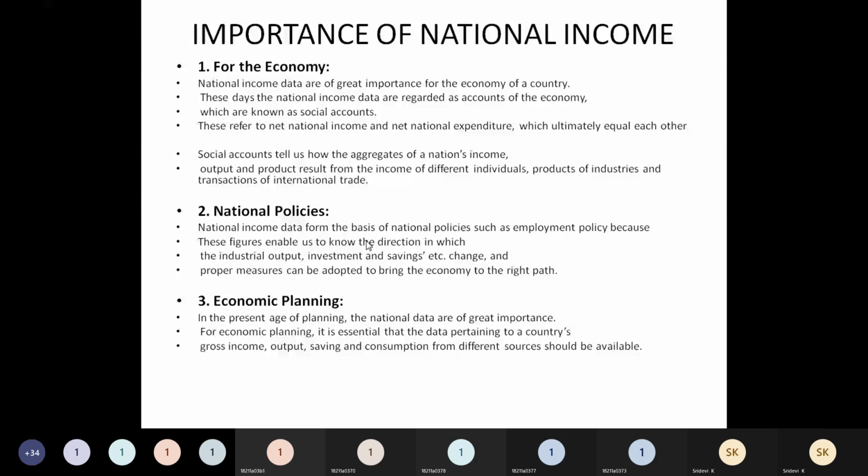So this is required for any country, no? So for that, economic planning will be helping. So where to utilize, how much to utilize, that is planned here. If this information is there, how much the country's gross income or gross output is, then only economic planning can be properly done.